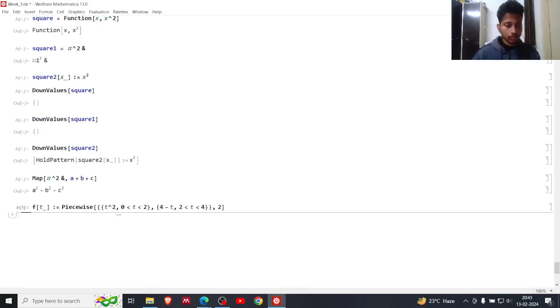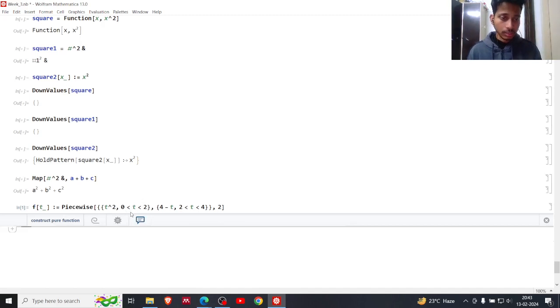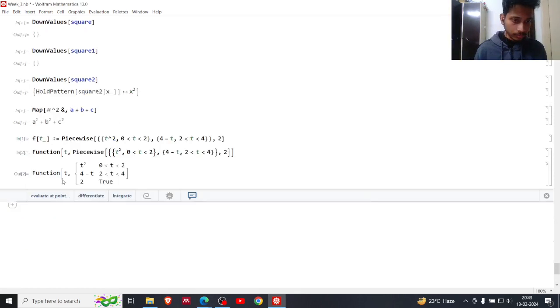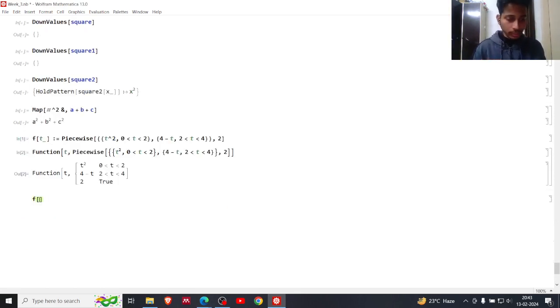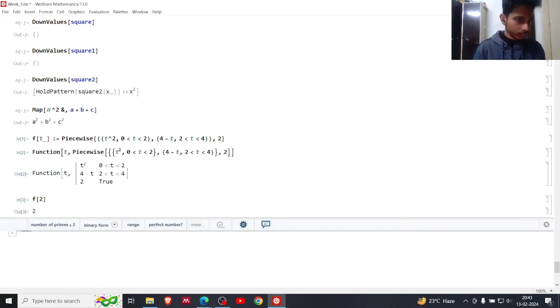Now this is t square when t is between 0 and 2, and 4 minus t when t is between 2 and 4. Okay. Now f of 2 is 2, because otherwise it is 2, so that's why there is no problem.